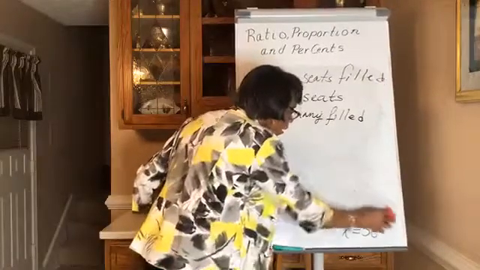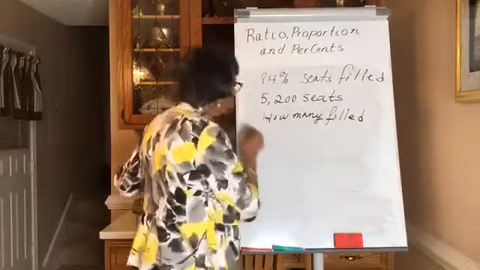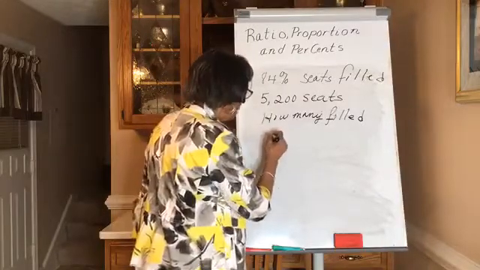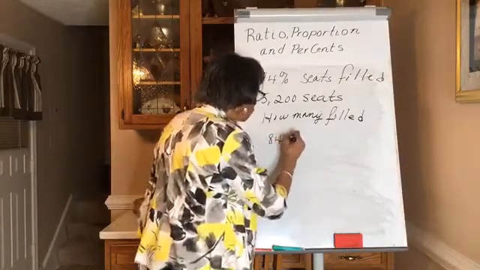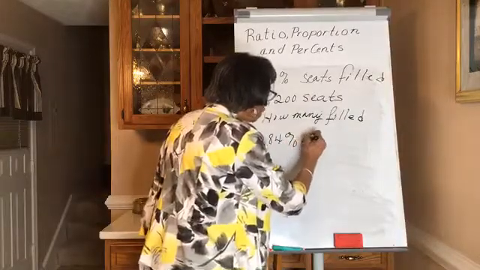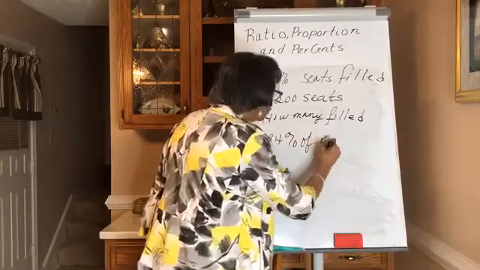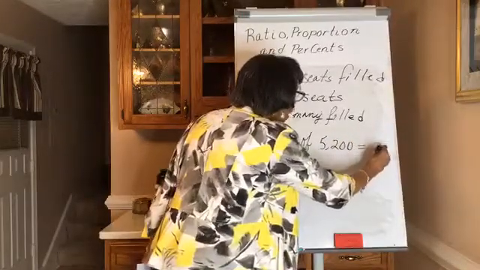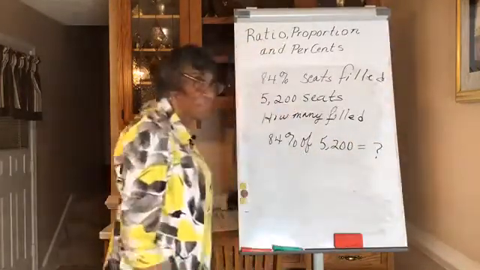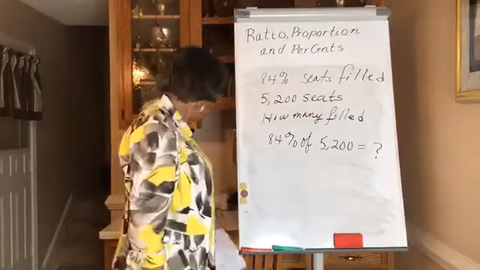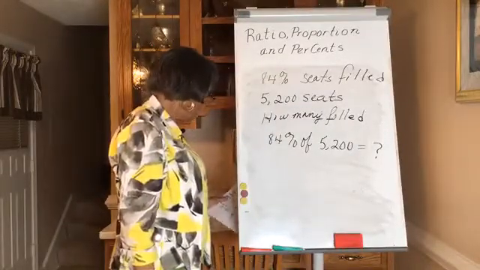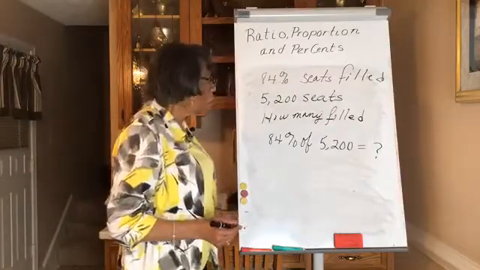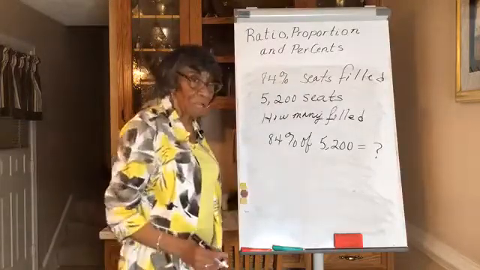Actually, what it's asking you to define is 84% of 5,200 equals what? That's what it's asking you to find. There are several ways to do that. You could do it with the proportion, or you could do it by just multiplying.